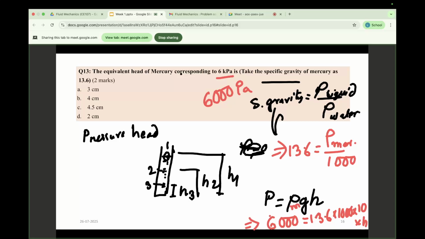Accordingly, you just try to solve this one. So 3 will cut out, and it's 136 by 6. You just calculate and check. On solving, you will get option C as the correct answer.